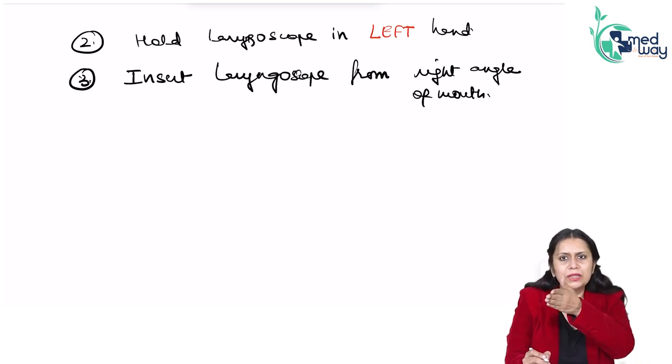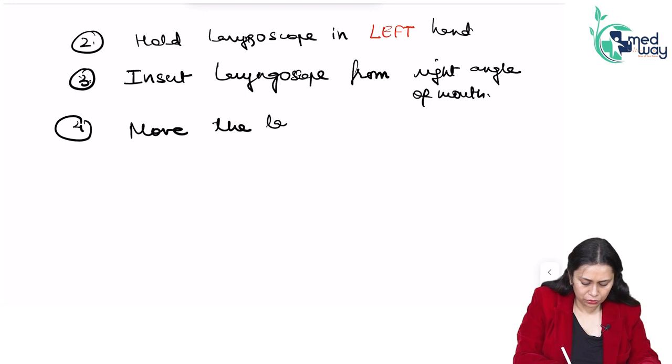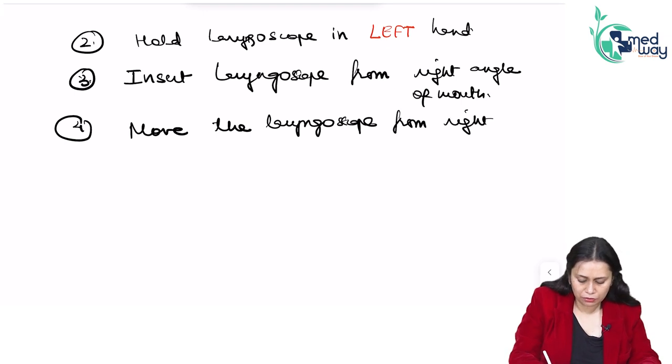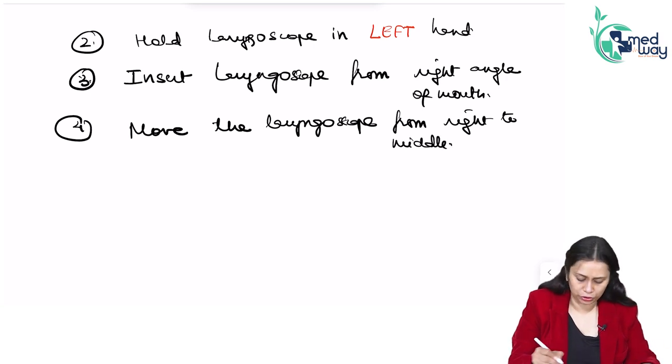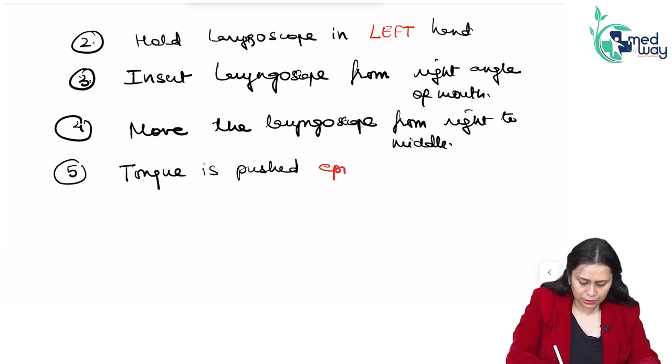When the laryngoscope is moved from right to middle, the tongue is pushed from middle to left side. When we do so, what do we see? The tongue is pushed and we visualize the epiglottis.